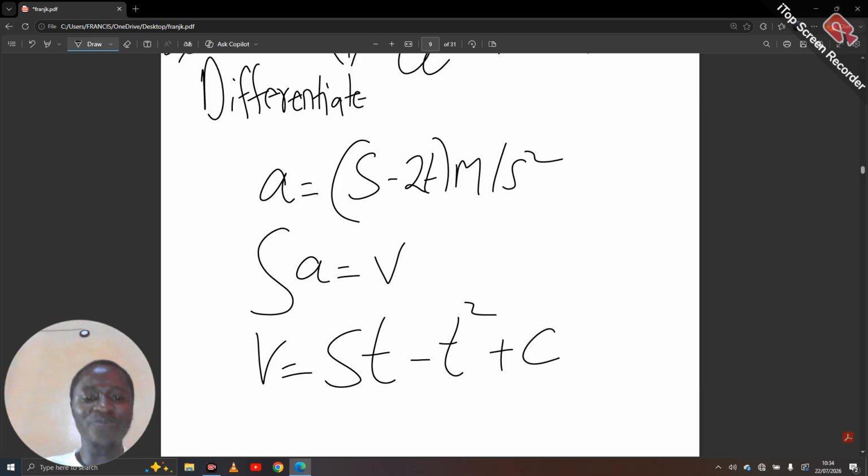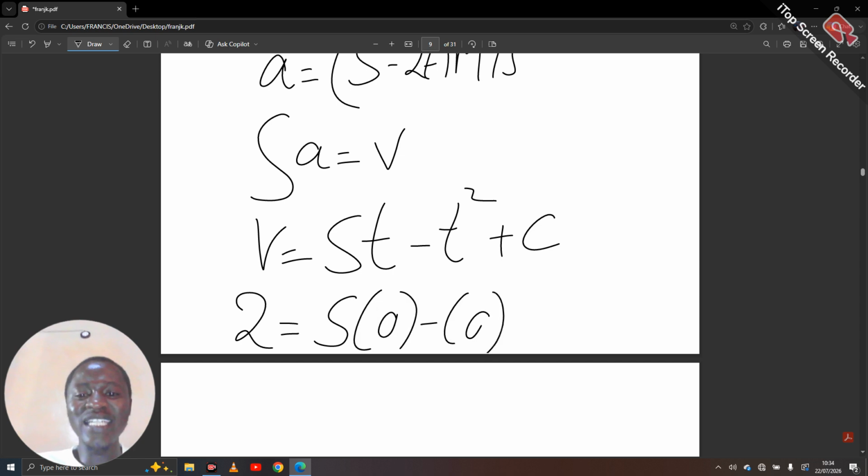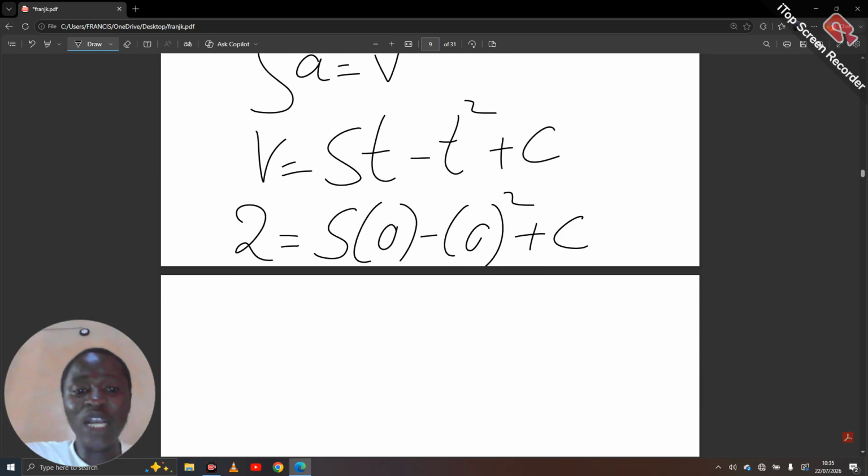plus c. But remember, the initial velocity has been given to be 2. And the word initial has been included there. That means that our time is 0. So 5 into time, which is 0, minus 0 squared plus c, which is the constant. So in short, we are getting the constant.